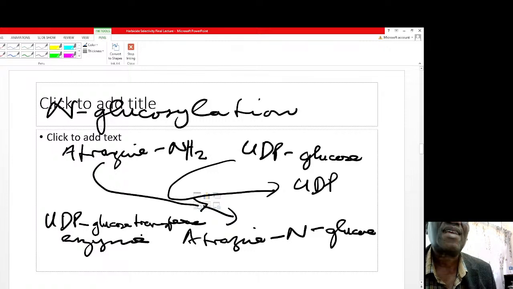UDP glucose transferase will facilitate the formation of atrazine and glucose, because atrazine is carrying two NH2s. Maybe this will go twice to produce atrazine and glucose.